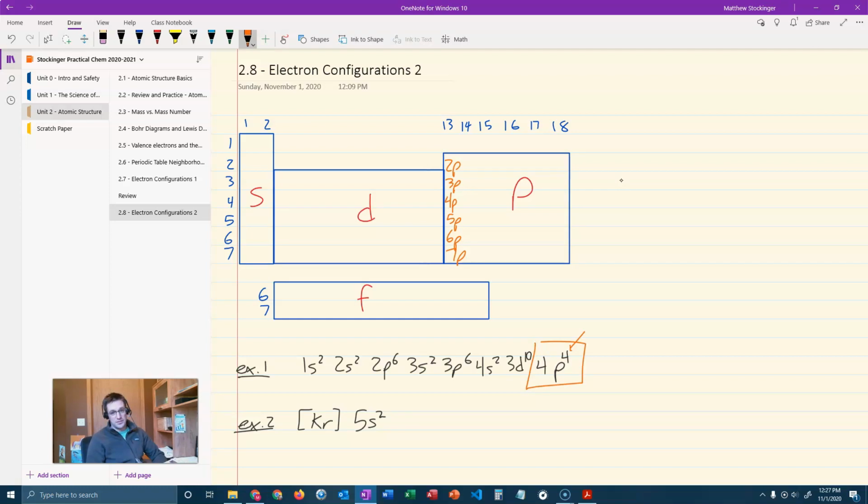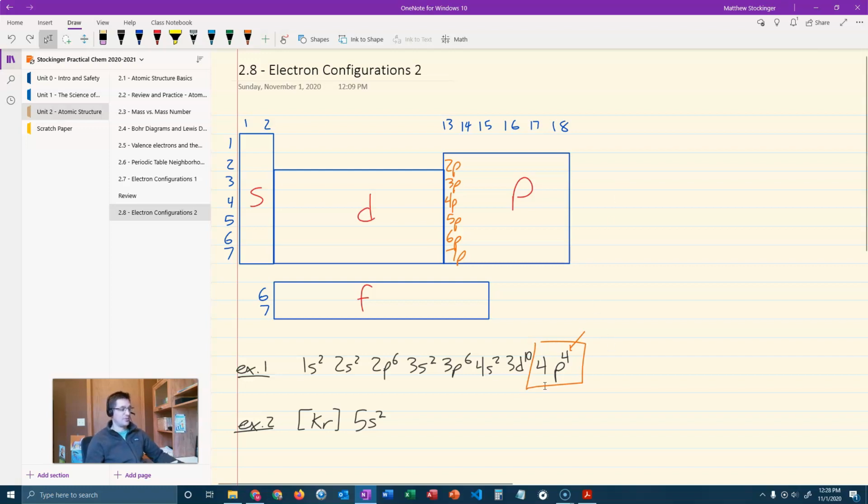This says that in the 4p subshell, this element has 4 electrons. And we know that every time you add an electron, you're moving one step to the right on the periodic table, right? This element right here would be the 4p element with 1 electron in the 4p subshell. Here's 2, 3, 4. Okay, so I've pinpointed that I just need to walk 4 steps into that 4p area.